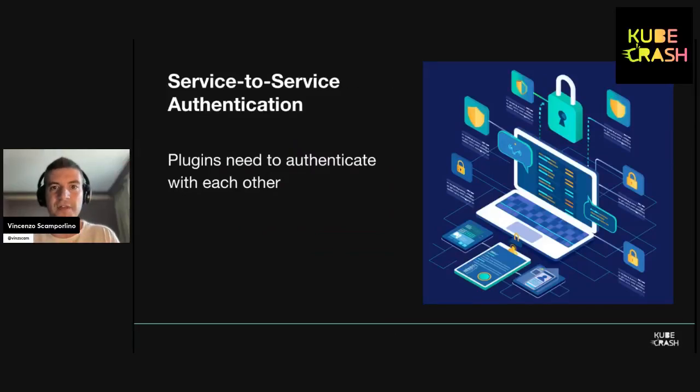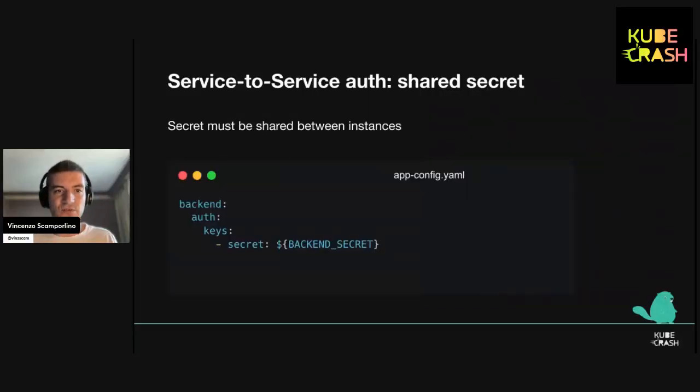Service to service auth allows plugins to accept requests coming from legitimate Backstage plugins by requiring a special token signed with a special secret. And since the plugins are now distributively deployed, you need to make sure that plugins can understand each other. So you can do this by sharing the same secret to the various instances. So remember to provide the same secret in the app config of each plugin.